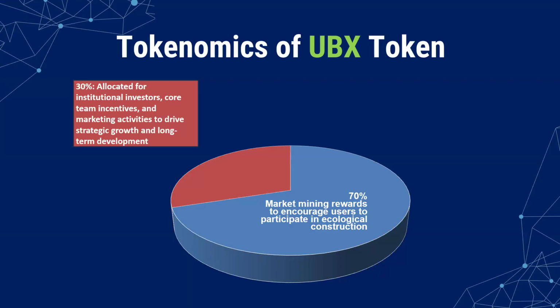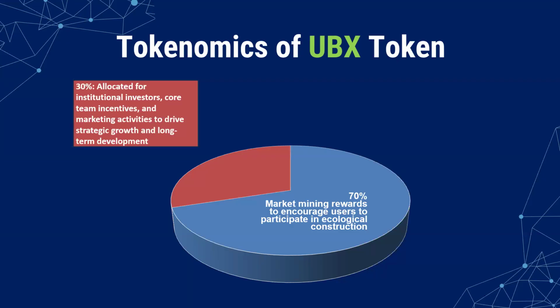which is 140 million tokens, will be mined from our staking contracts, which include the EUSDT mining of 0.2% per day and our current new stake mining contracts, which have 7 days to 360 days mining contracts of 0.4% to 0.8% returns in UBX per day.